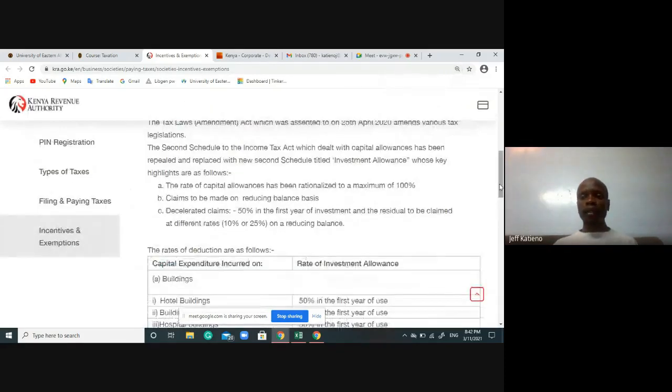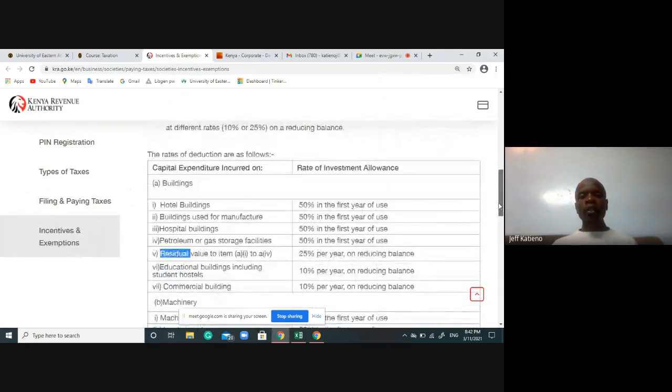So let me just enlarge it. So residual value for items A1 to A4, from hotel buildings to petroleum or gas storage facilities, subsequent years are charged 25% on reducing balance based on residual value. And then there are other items. So I just want to use hotel buildings to illustrate how this works out.